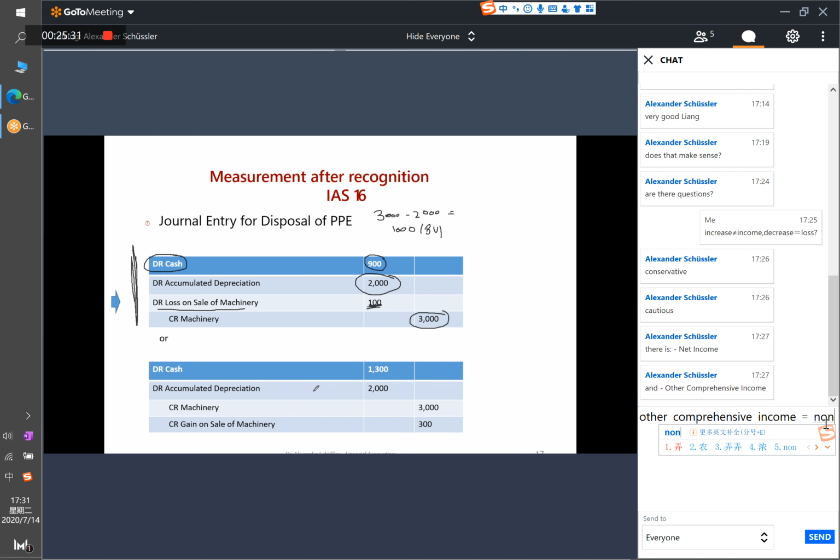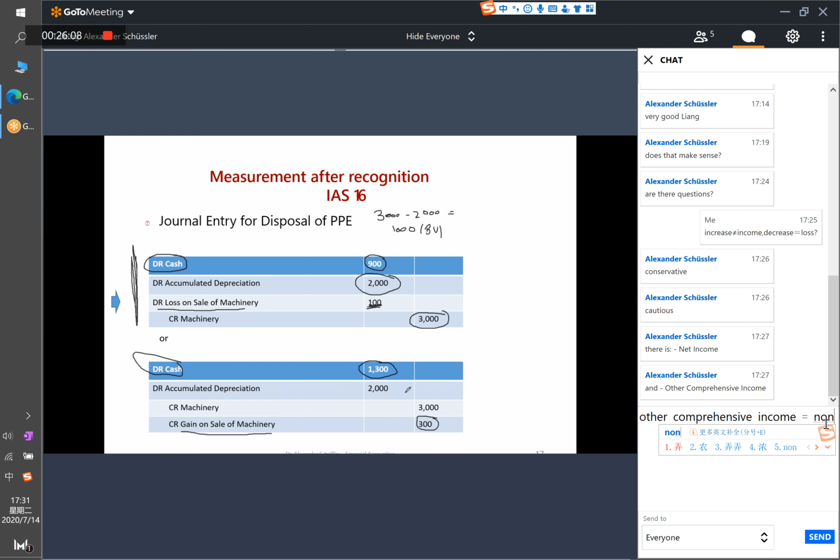The second case, we have a gain of 300. And why do we have a gain? Because here the cash we get is more than 1,000. Again, the book value is 1,000: 3,000 for our machinery minus the accumulated depreciation.